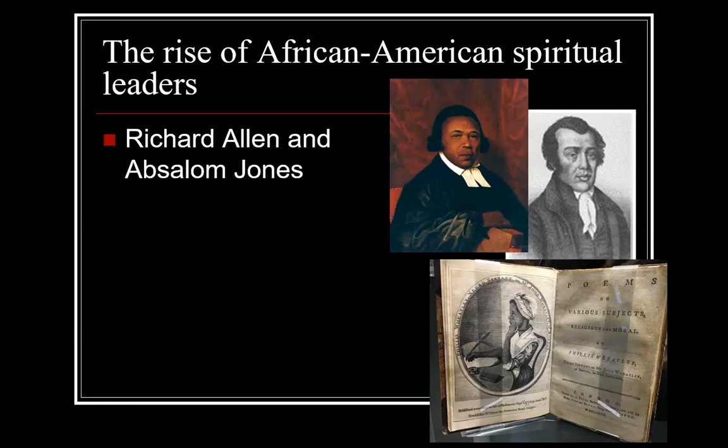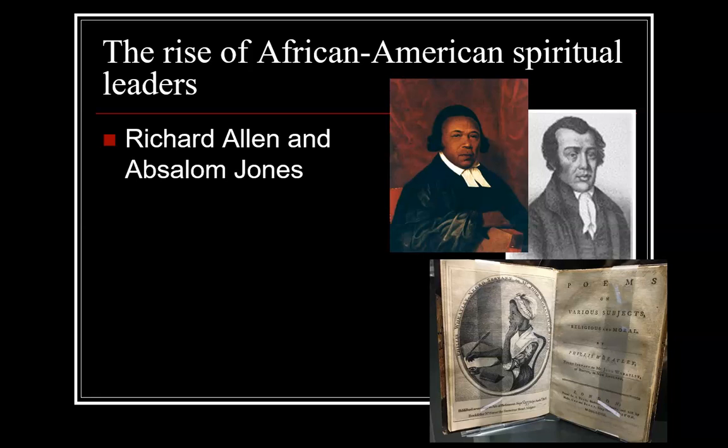Both of them continue preaching, and they gain quite a few converts. They become members of St. George's Methodist Church in Philadelphia, but there is in that congregation a lot of tension between blacks and whites. Of course, there was a lot of effort in a lot of these churches to separate black and white audiences, with blacks either being relegated to the back or up in a balcony.